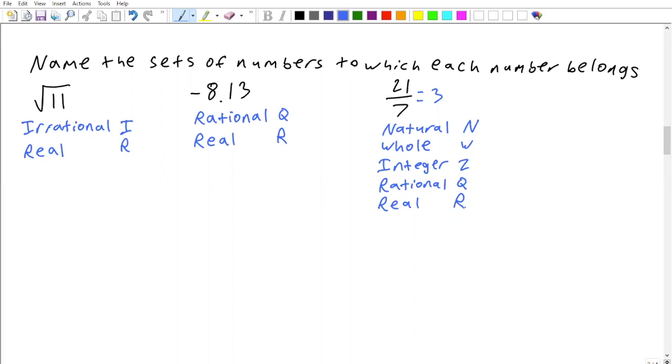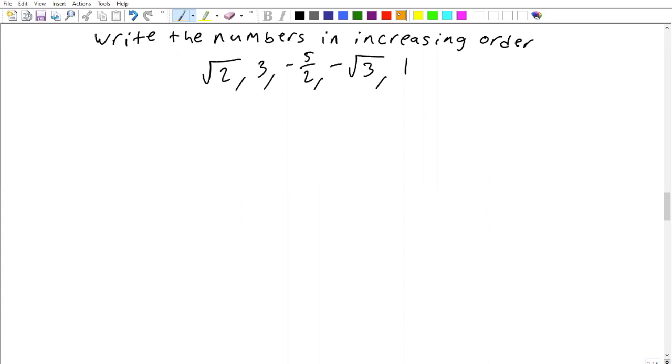You can just write N, W, Z, Q, R. But some people would prefer to actually see the words. So for this one, it's actually all of these. It's not irrational though, because those are only ones that are decimals that go on forever but never repeat. So it's all the other ones. And you do have to put every single one of them, not just one that it fits in, it's all of them.